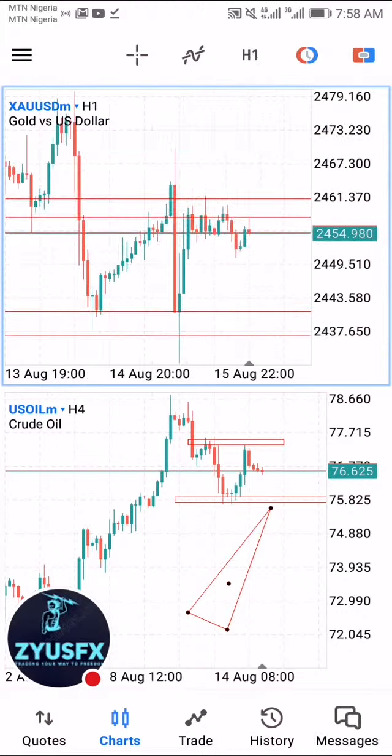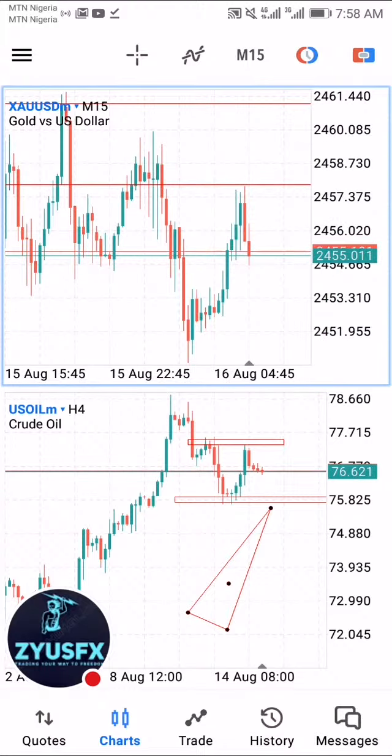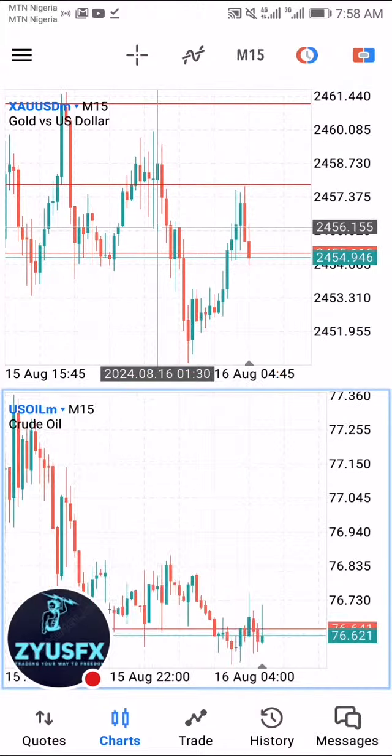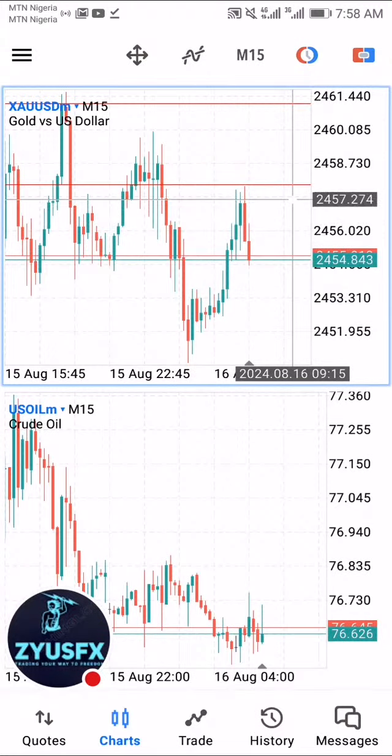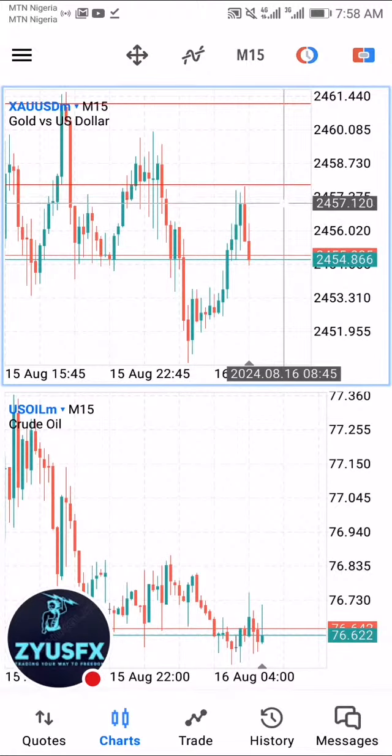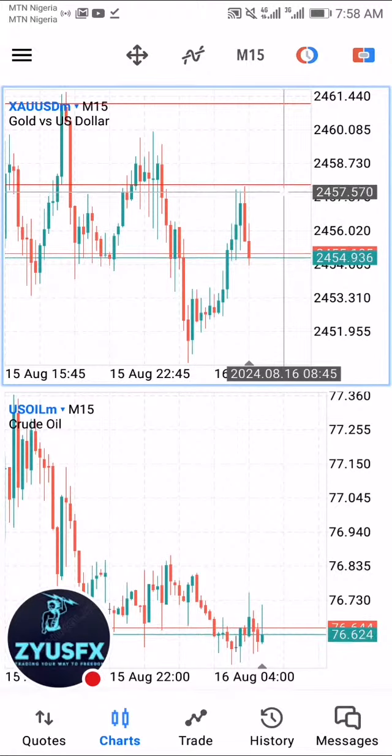So on gold, our plan is for price to pull back to 24.57, this weak area here, for us to sell the market so that we can reduce our stop loss range. Any sell we take now must have its stop loss above this key level.